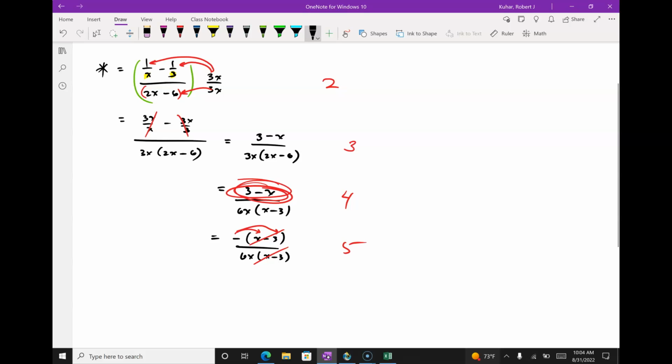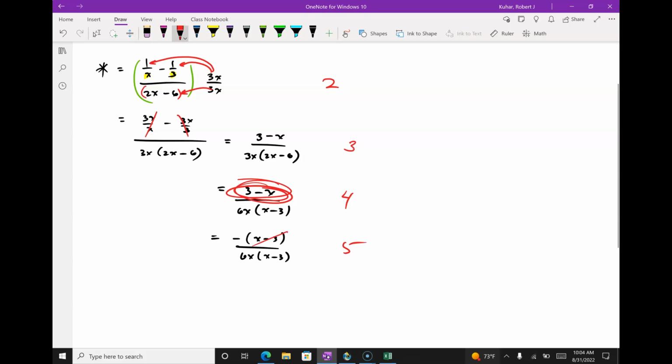The question is here, can I plug in 3? Right here in line 5, can I plug in 3? Yes, but what do I get? 0 over 0, so I know I'm not at my replacement function yet. If I still keep getting that indeterminate form, there's more to do.